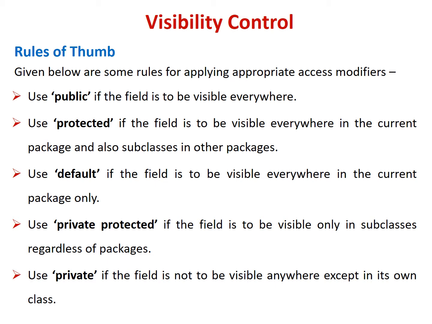Next, use default if the field is to be visible everywhere in the current package only. Next, use private protected if the field is to be visible only in the subclasses regardless of packages. And the last, use private if the field is not to be visible anywhere except in its own class.